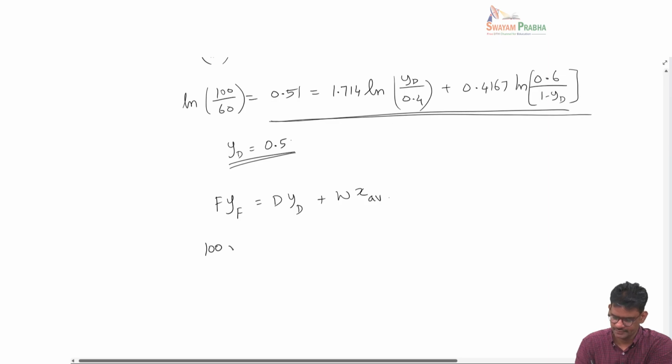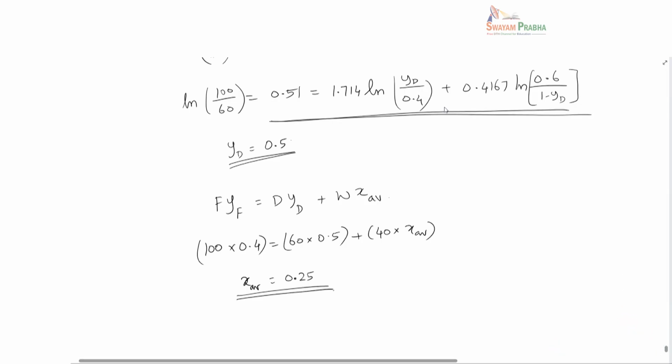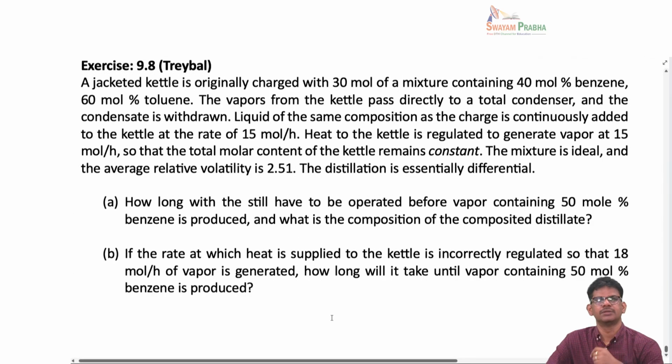So F is 100, YF is 0.4, D is 60, YD is 0.5, W is 40, and from here you solve for X average, and X average would be something like 0.25. So this is problem number 9.8 in the textbook.